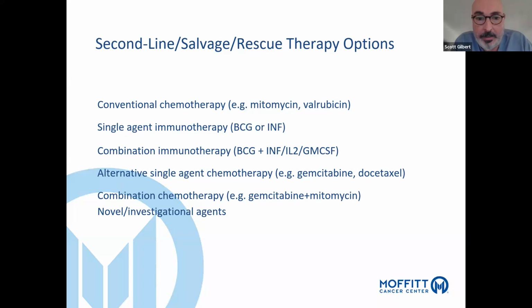And then the most common strategies that we're using now, other than clinical trials with novel agents, which we'll touch upon at the very end, are combination sequence treatments. The first one to be used was gemcitabine and mitomycin, but that switched over to gemcitabine and docetaxel, and I'll show you some data on that as well.